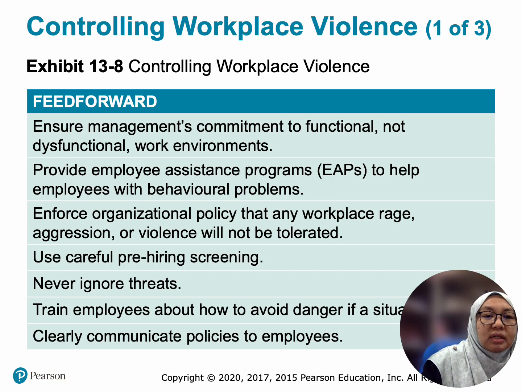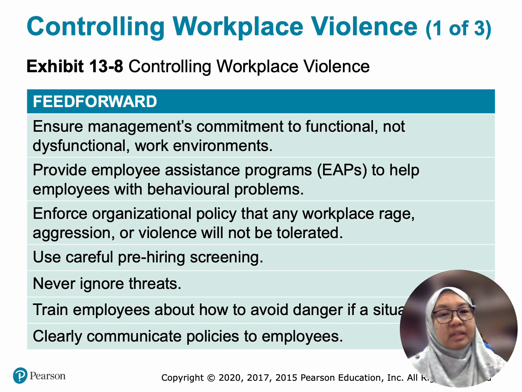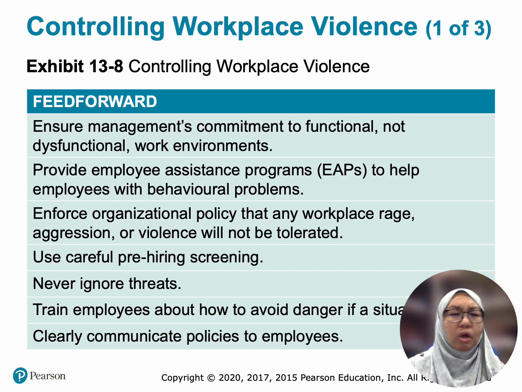Some things managers can do are ensure management's commitment to functional, not dysfunctional, work environments, provide an employee assistance program, and enforce organizational policy that work rage, aggression, or violence will not be tolerated. Never ignore threats. Train employees about how to avoid danger if a situation persists, and clearly communicate policies to employees.